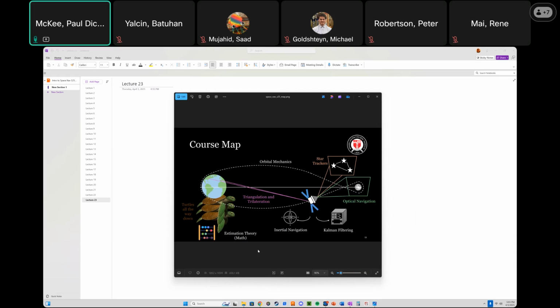And then the last unit is kind of the green one here, which is optical navigation, sometimes abbreviated as just OpNav. And so this is distinct from star trackers in that star trackers are trying to find the orientation or the attitude of the vehicle. OpNav is trying to find the position of the vehicle and sometimes the velocity. It's interesting what you can get out of images, but there's variations on OpNav, and we'll get to all of those.